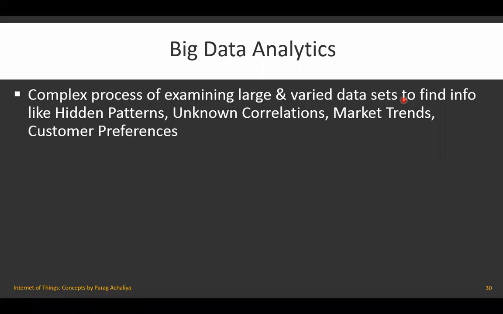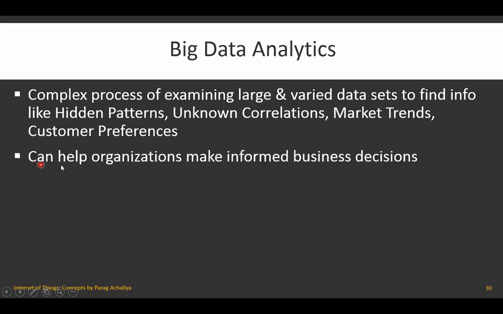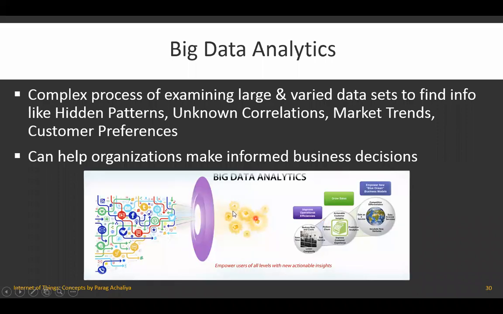Now we have Facebook, Instagram, and so many social media sites, and you can imagine how much data can be generated by all of them. Whatever analysis is done on that data is treated as big data analytics. It can help organizations make informed business decisions.